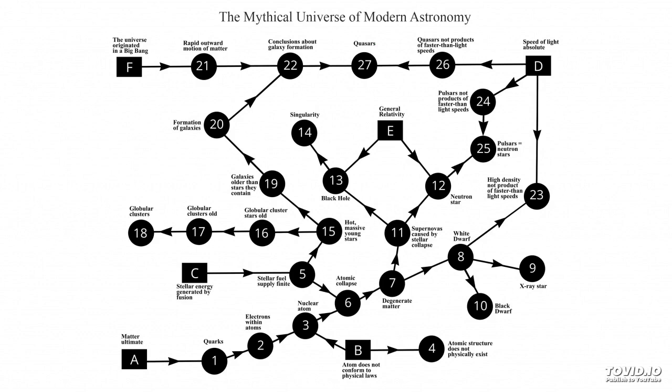But since conclusion 18 is a logical result of this line of reasoning stemming from assumption C, to which the astronomers are committed, they have continued to hold on to this conclusion in spite of all the difficulties, hoping that they will ultimately go away.